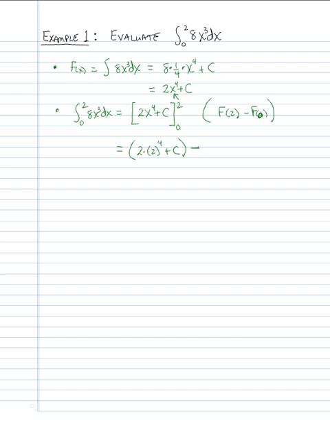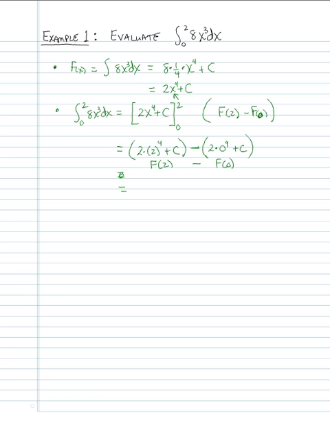Okay, then we subtract what we get when we replace x with 0. So when we replace x with 0, we have 2 times 0 to the 4th power plus c. And then we just do the arithmetic or the algebra that's involved here. Now, again, let me point out, this is the capital F of 2 part, and this is the capital F of 0 part.